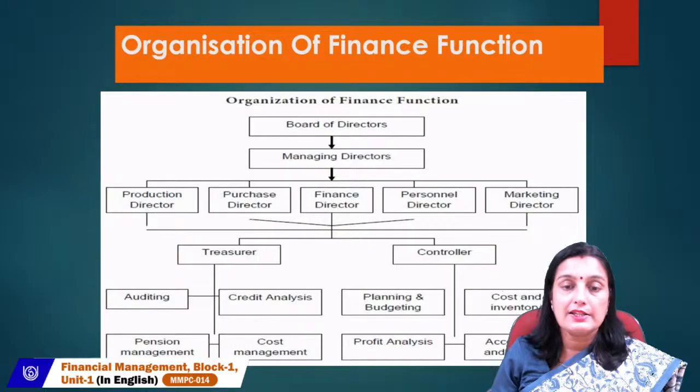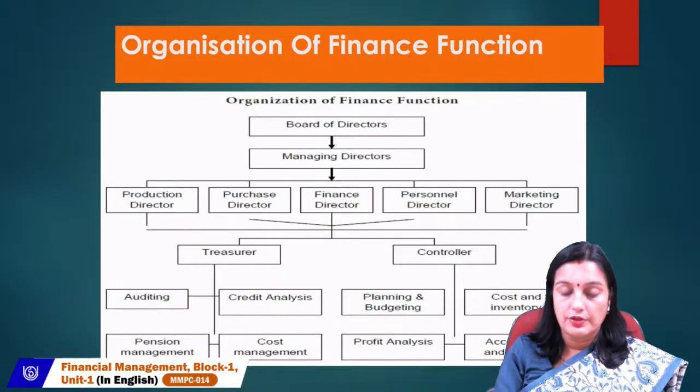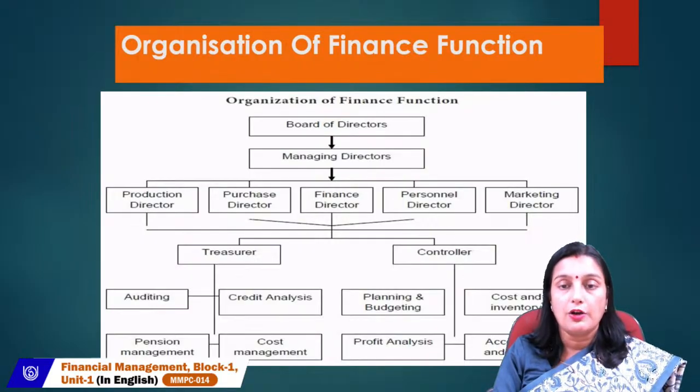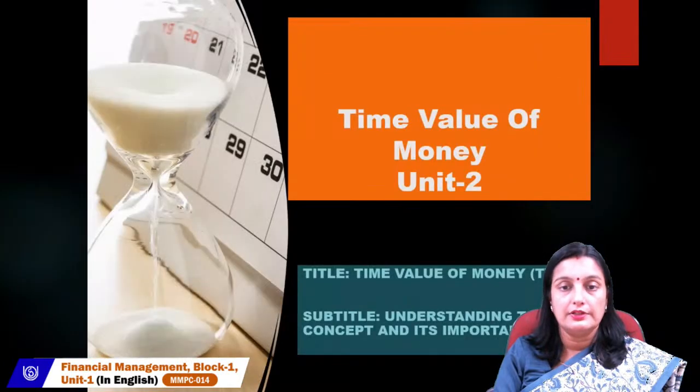Furthermore, the finance director has two branches. One is called treasurer and another one is controller. The work under the treasurer is auditing, credit analysis, pension management, and cost management. The role of the controller is planning and budgeting, cost and inventory, profit analysis, and accounting and payroll. So these all are the functions of the finance director and the organizational function of finance, right?